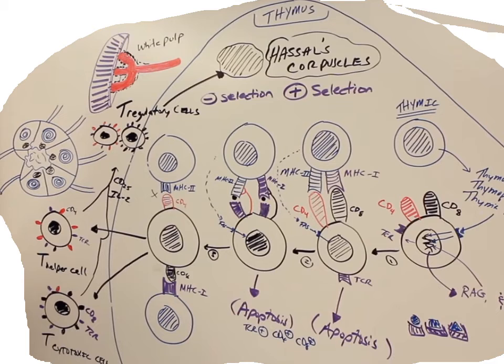As you can see here in this developing lymphocyte, it has both CD4 and CD8 markers on its plasma lemma, and like this T lymphocyte we say that it is in the double positive stage. And when it has only CD4 or CD8, we say that these T lymphocytes are in the single positive stage.